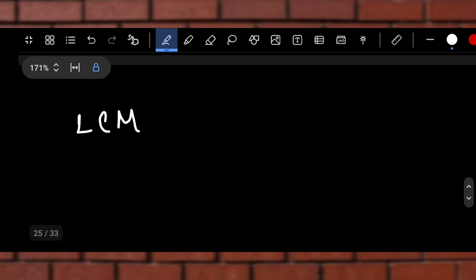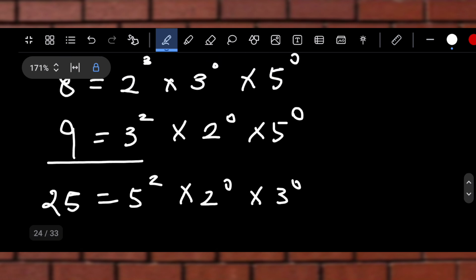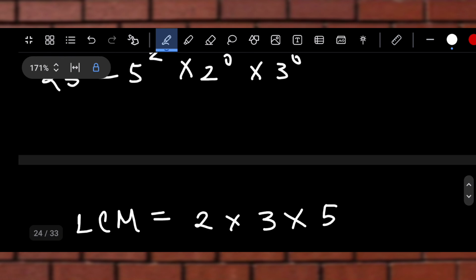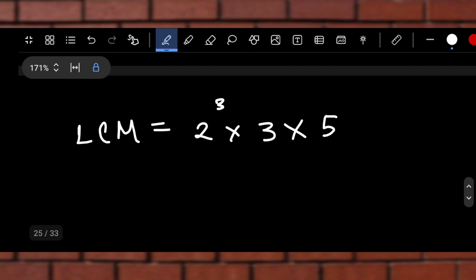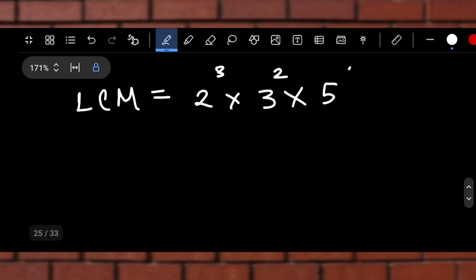LCM is equal to writing all the numbers with the highest power. 2 into 3 into 5. What are the highest powers? We'll just check. 2 to the power 3, 3 to the power 2 and 5 to the power 2.